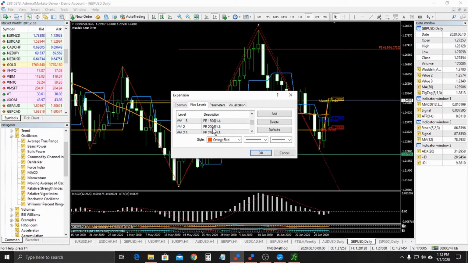I also put the 200, and instead of the 2618, I put 250. So that's something that is different from what the default setting of the Fibonacci expansion and the retracement actually have. So I leave the 618 though.